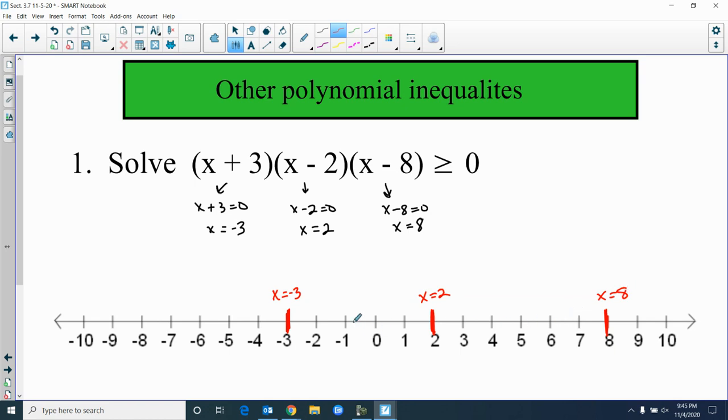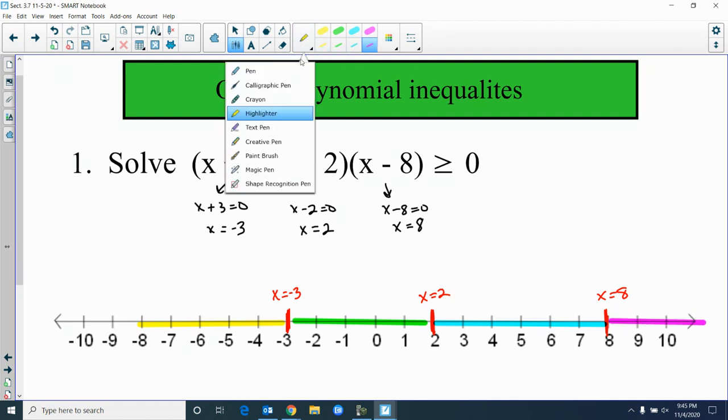So in between here, it either has to be greater than 0 or less than 0. And I'm going to test it using a sign chart. So I need a number to the left of that 0, a number in between those two zeros, a number in between 2 and 8, and then a number here.